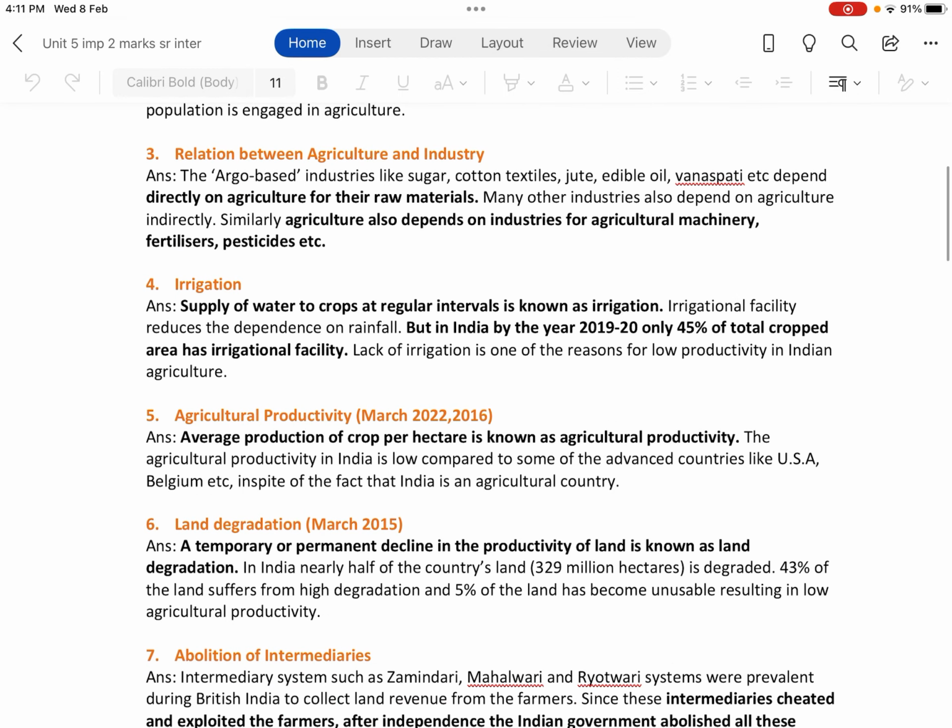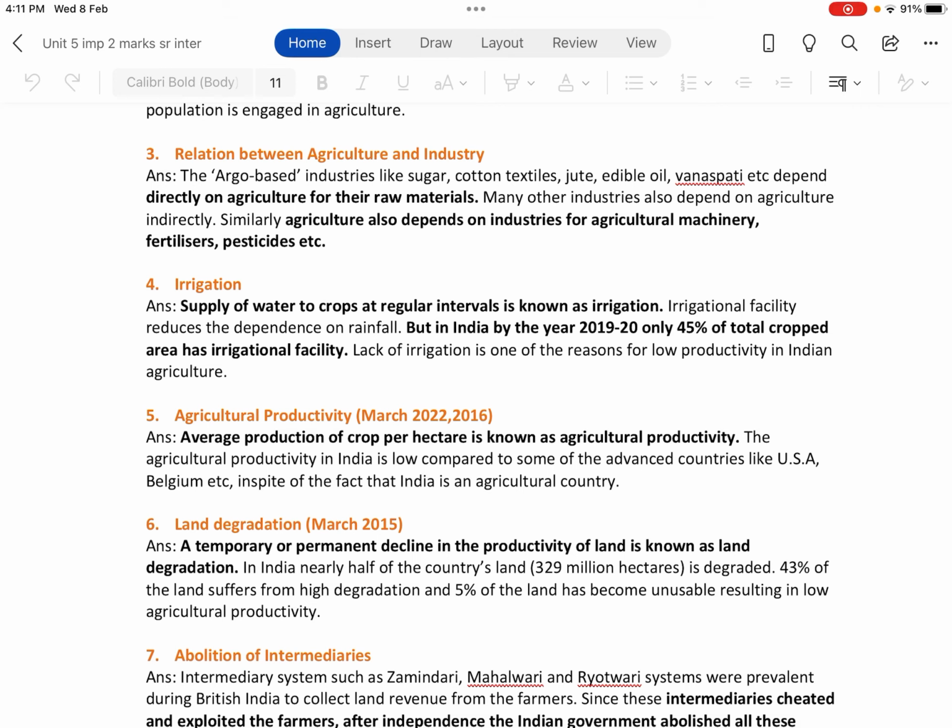Fourth one, irrigation. Answer: supply of water to crops at regular intervals is known as irrigation. Irrigation facility reduces the dependence on rainfall. But in India, by the year 2019-20, only 45% of the total cropped area has irrigation facility. Lack of irrigation is one of the reasons for low productivity in Indian agriculture.